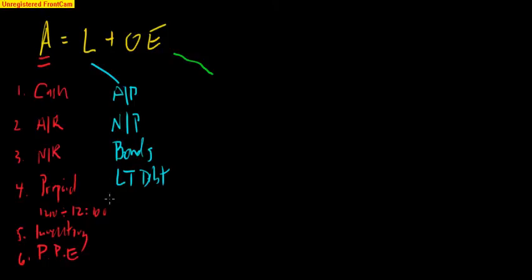Another example of a liability, and it's kind of tricky in the sense that prepaid is tricky, is unearned income. Say we have a magazine, like Time, and we sell subscriptions. Let's say you pay in advance.